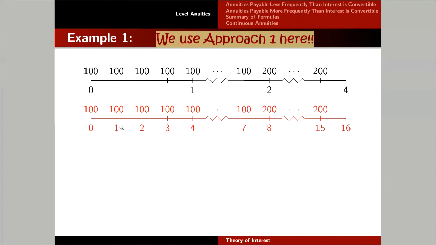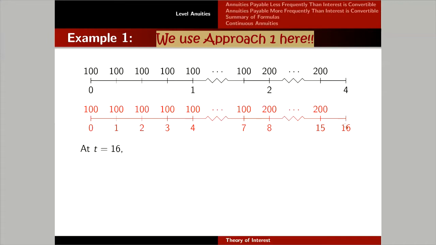Parang my time 1 now is the first quarter here, and so on. And we know that there are 16 quarters in 4 years. So that's why I have 16 here. So we need to get the accumulated value of this annuity.